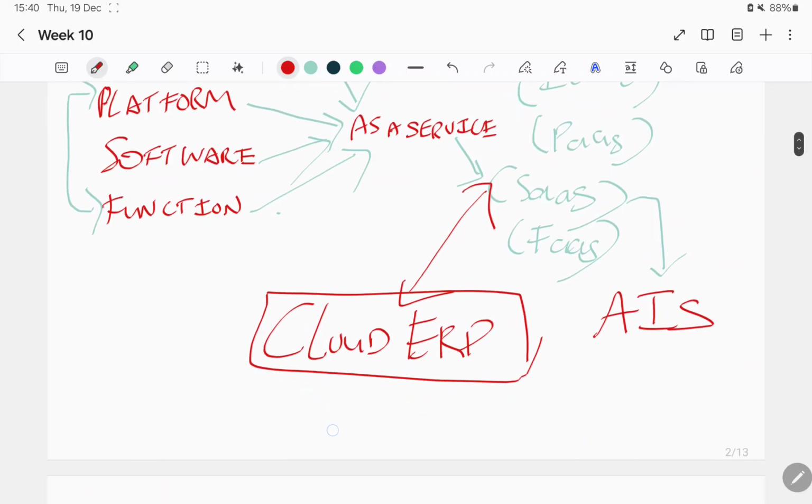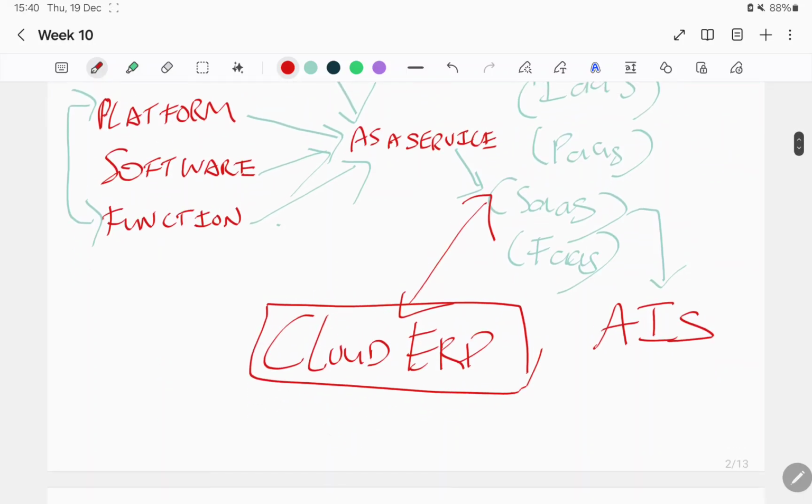So, do you have any idea what cloud ERP is? Anyone don't have an idea? Okay. Later, remember last week I told you who wants to learn about AutoCount, right? The AutoCount that I will introduce to you is actually a cloud system.